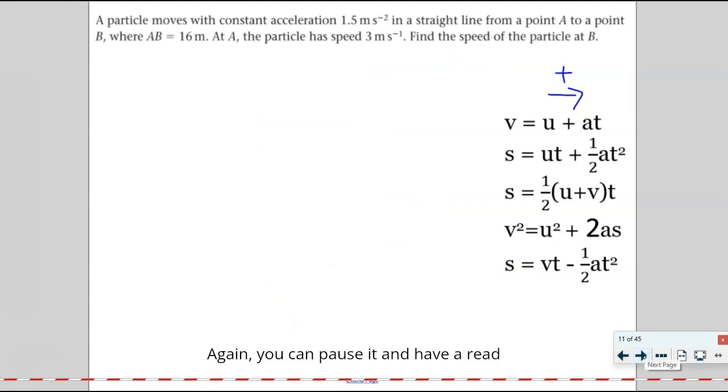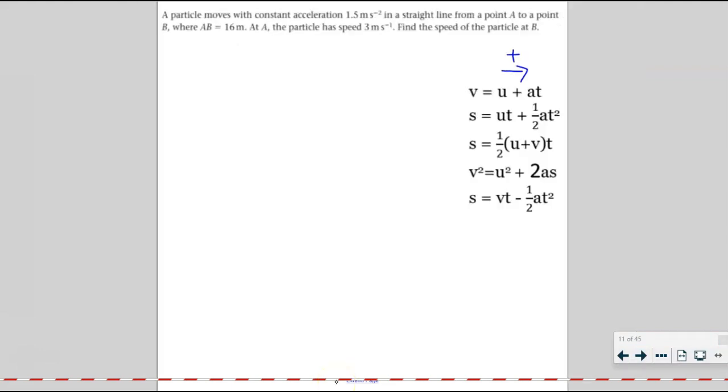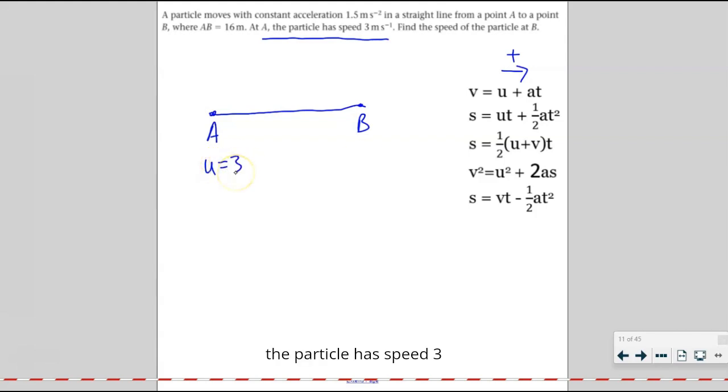Again, you can pause it and have a read yourself. So always draw a diagram. We have A and B. At A the particle has speed 3, and they've told you the distance is 16 and acceleration is 1.5.